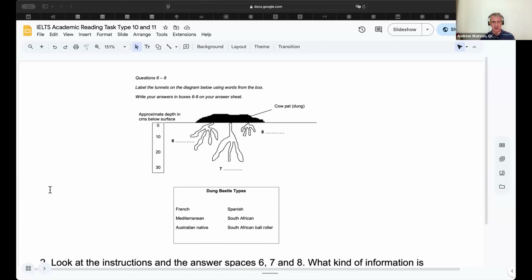Your students should pay particular attention to expressions relating to location and position, as these are likely to be the ones relating to the diagram, along with the key words. Now, let's turn to our worksheet.